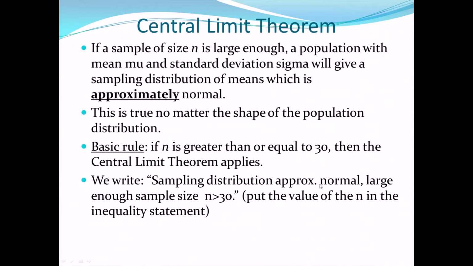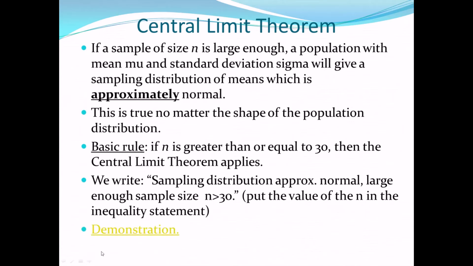You can say due to the central limit theorem, or the CLT for short. You can say samples are large enough because n is greater than or equal to 30, or n is 45, or something to that effect. Okay? So we're going to actually mandate doing this once we get to inference.